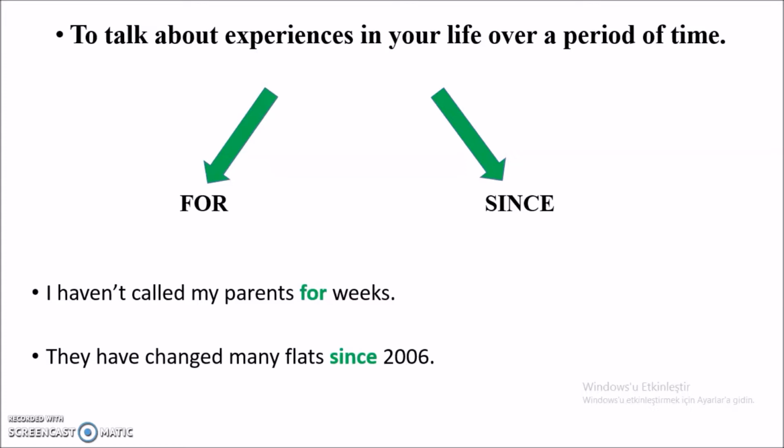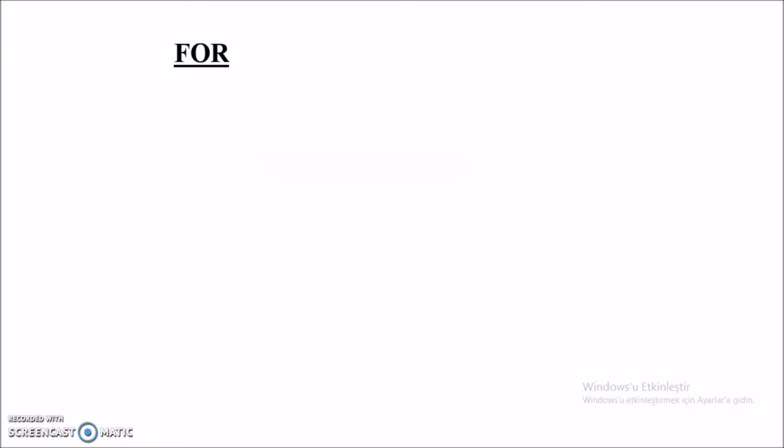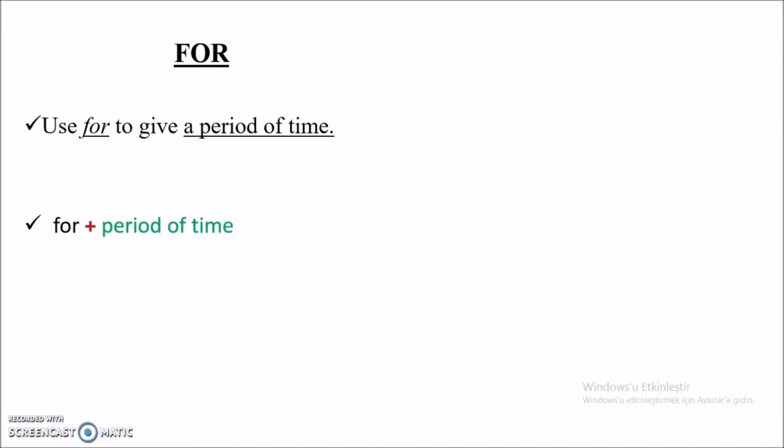They are both used with present perfect tense, but they have different rules to be used in a sentence. Let's start with for. We use for to give a period of time or the duration of the action.